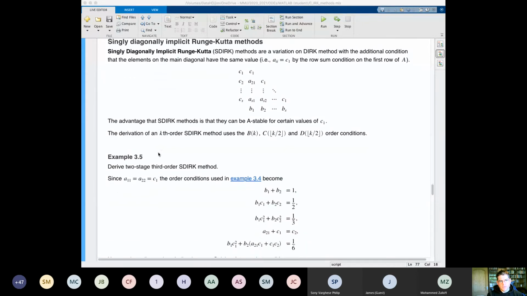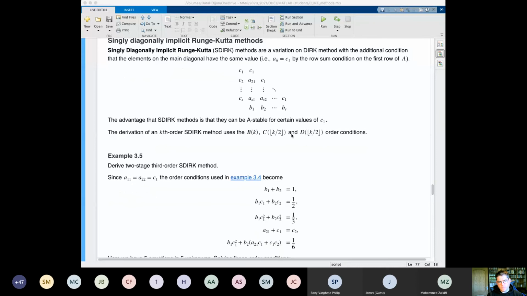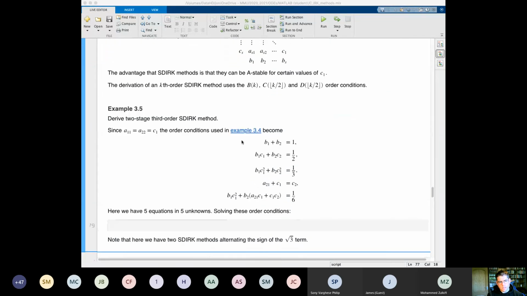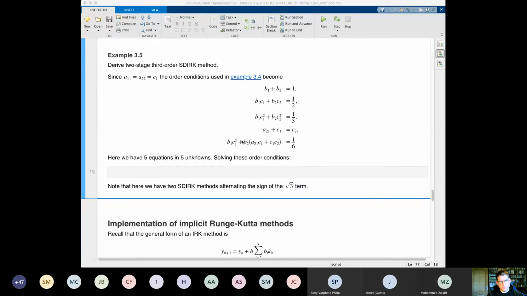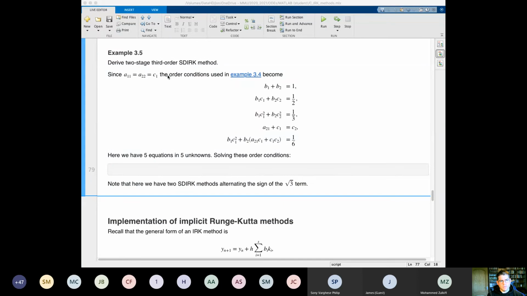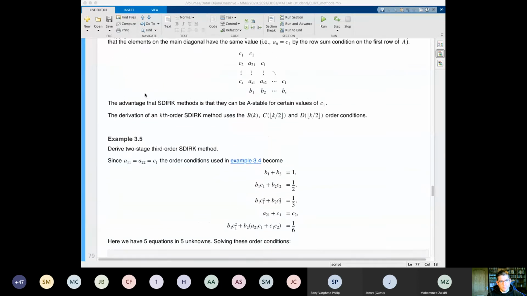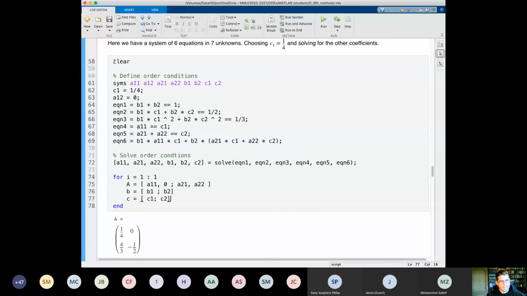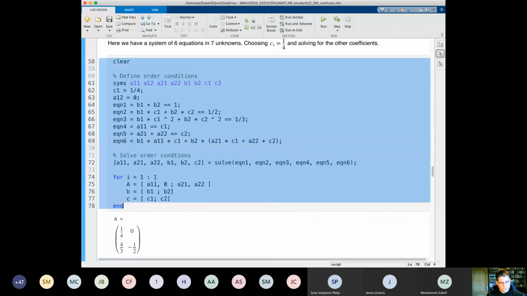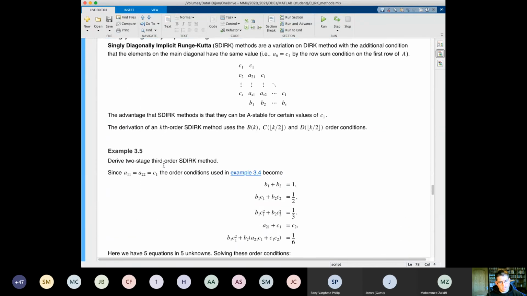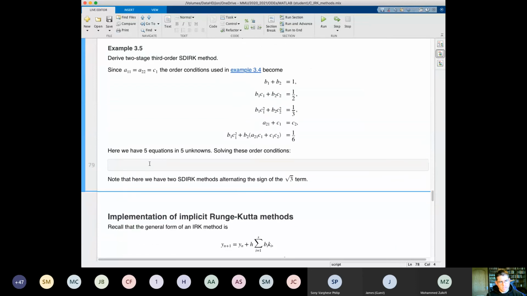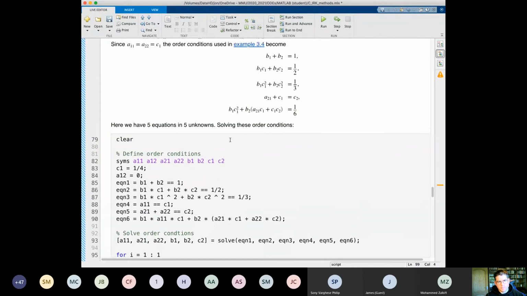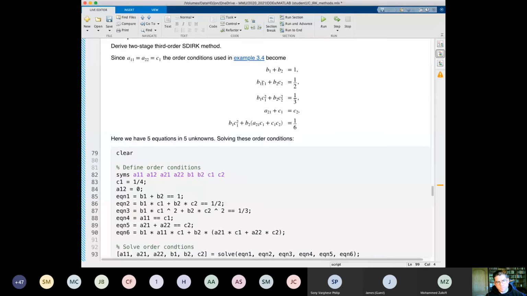Now the derivation is the same as before, but here we have example 3.5. So I'm going to do the same as before. I'm actually going to borrow my code from here, and I'm going to derive a two-stage third-order SDIRK method. The first three conditions are the same as the DIRK method.